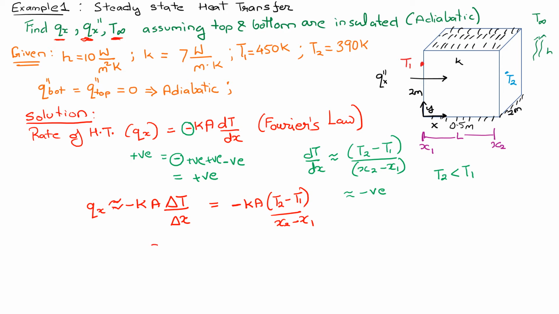Now our x2 minus x1 is nothing but the thickness of the cuboid, so our formula becomes minus thermal conductivity into area times T2 minus T1 upon L, the thickness of the cuboid.